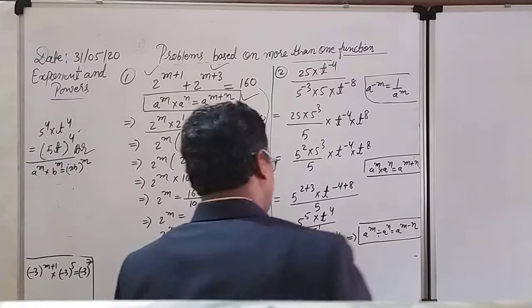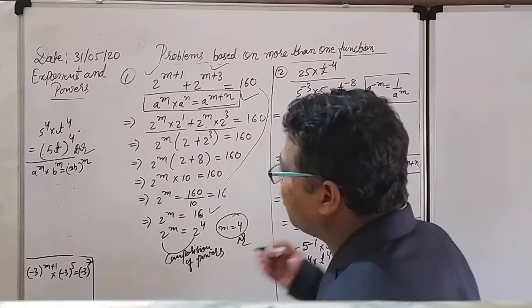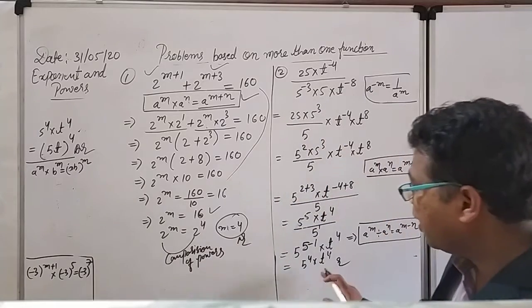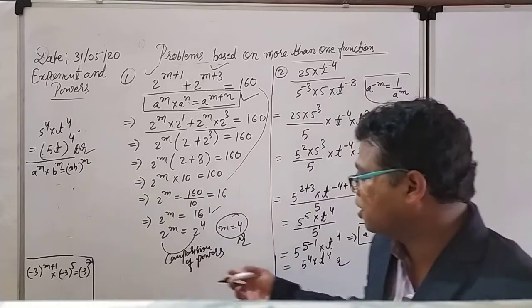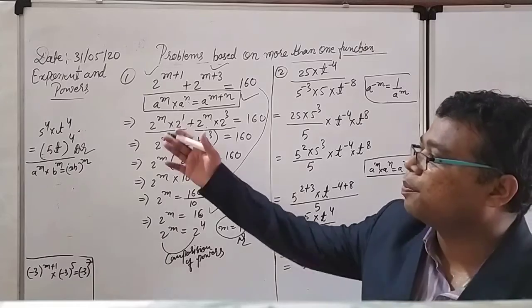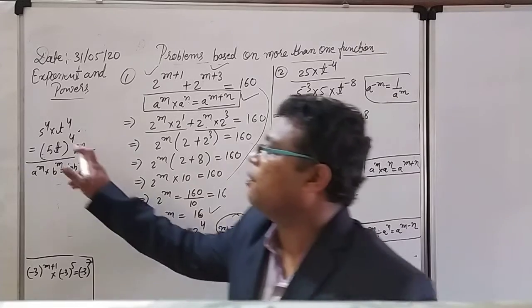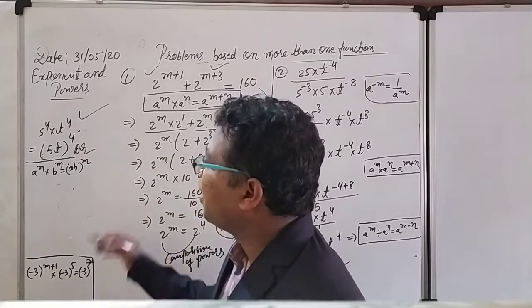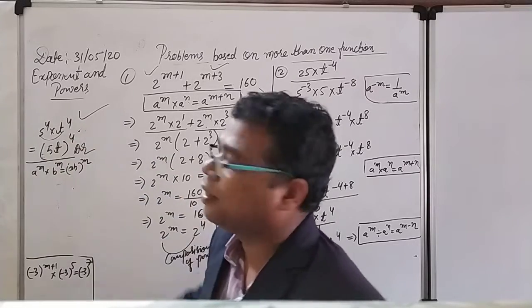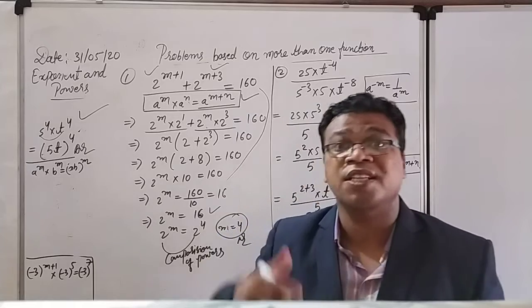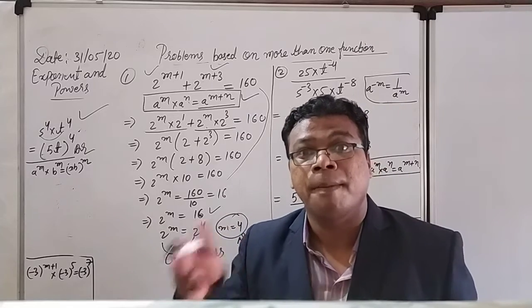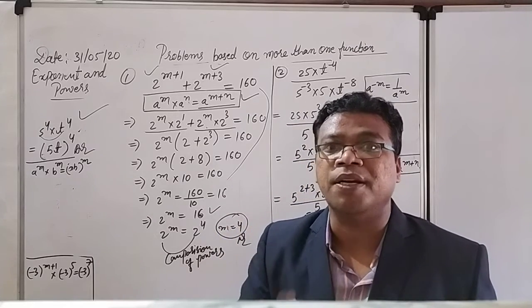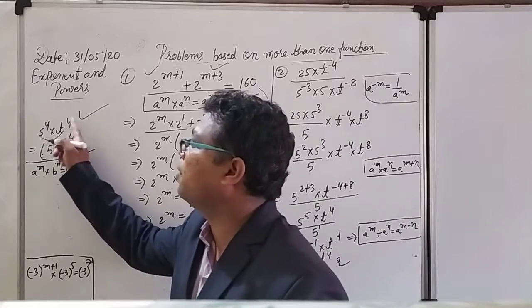Actually this is also the answer, but we have studied one more law that I am solving here, because the space is not here. See on the upper side: 5 to the power 4 into t to the power 4, that is the case. Right now you can see the bases are different, one is 5, one is t. The bases are different, but their exponents are the same, that is 4 and 4.